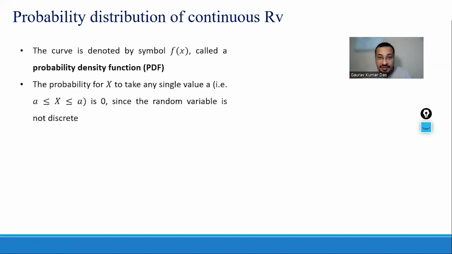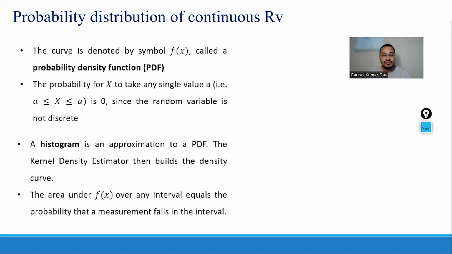But here, x is continuous, so we cannot find the probability at a particular value of x. It's not possible. Why? Because the probability function is a curve, since it's continuous, and for that reason we won't be able to find the probability of x at a particular data point.